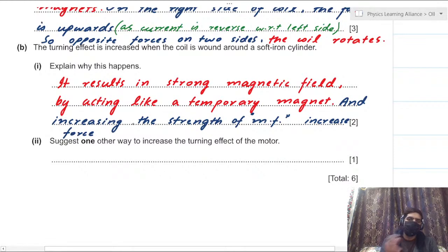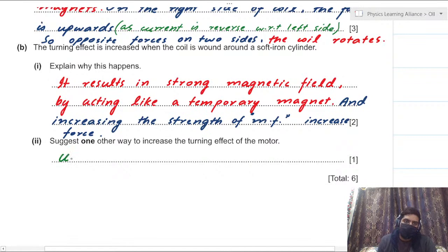All right, force on both sides of the coil, and hence the turning effect of the force would be increased. So just one other way to increase the turning effect, like I said, is that you can use a stronger magnet as well. That would do the same thing. Use a stronger magnet.